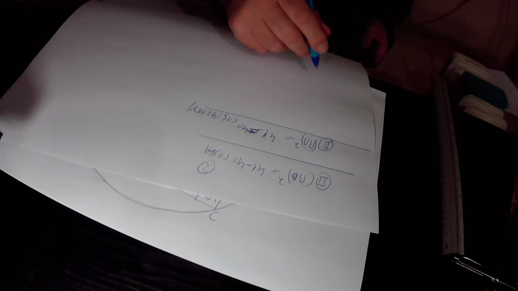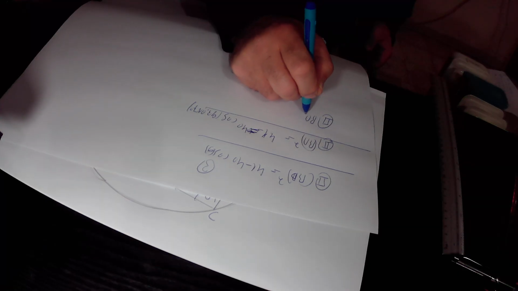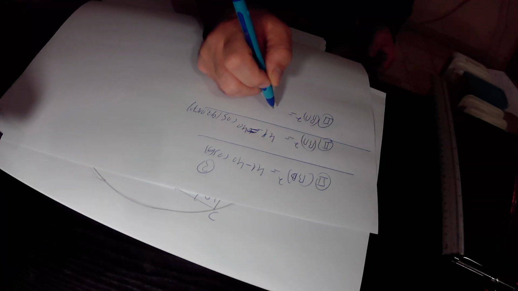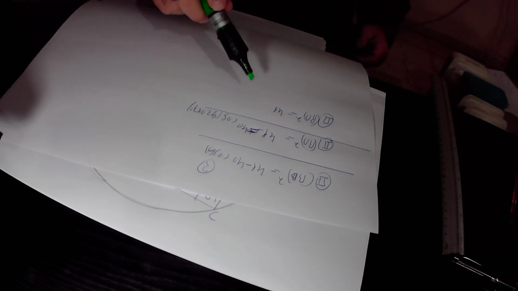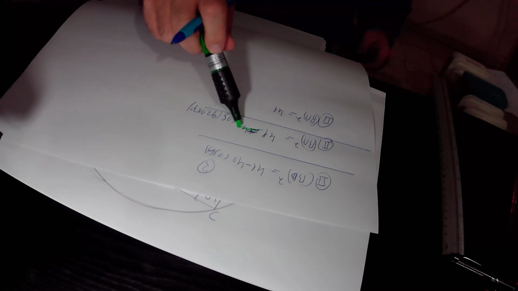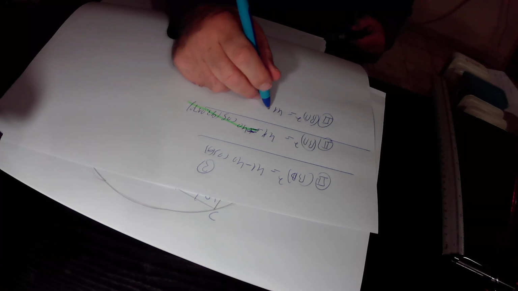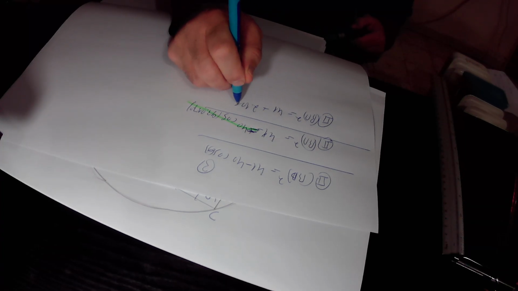So in total, according to equation 2, BD squared equals 41 minus 40 times cosine 93.017 degrees. The value of this expression in green is equal to 2.105, so it is plus 2.105.